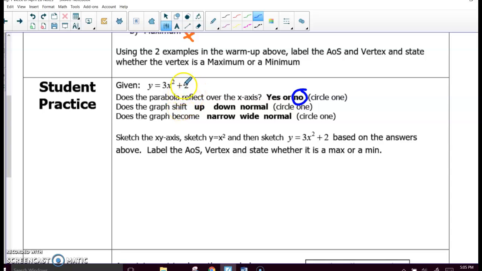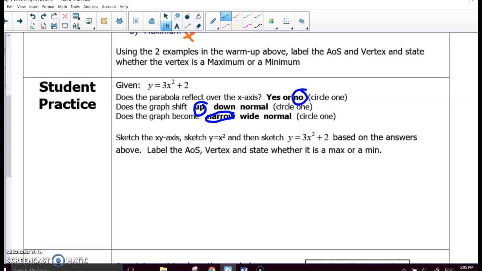And the answer to that is yes, because we are adding or subtracting something behind here. Because it is a plus 2, we are going to shift up. Does the graph become narrow, wide, or the same as y equals x squared? Because what I'm multiplying the x squared by is greater than 1, that means my graph is going to be narrow.